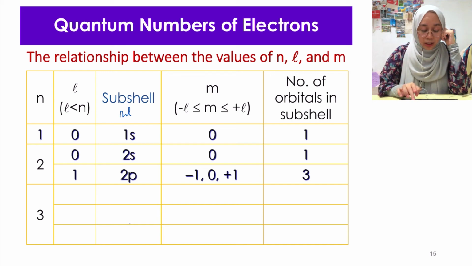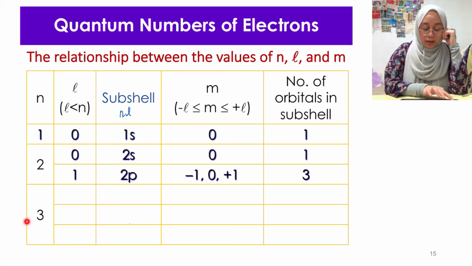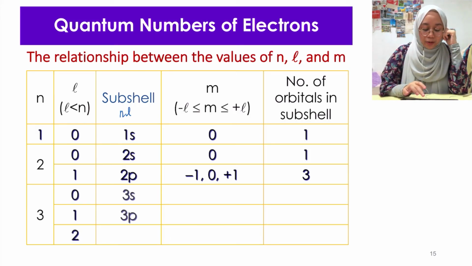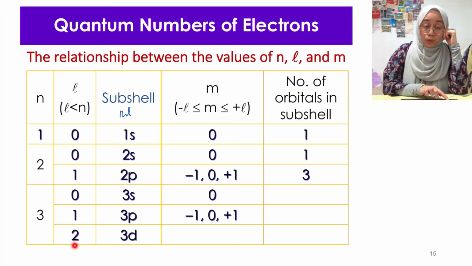Okay? Dan kalau kita tengok pula N equals to 3, okay, kita akan ada value L 0, 1, 2. Therefore, subshell yang kita ada 3S, 3P, dan 3D. So, yang ni value untuk 3S dengan 3P. And then kalau untuk D ni, so L equals to 2.